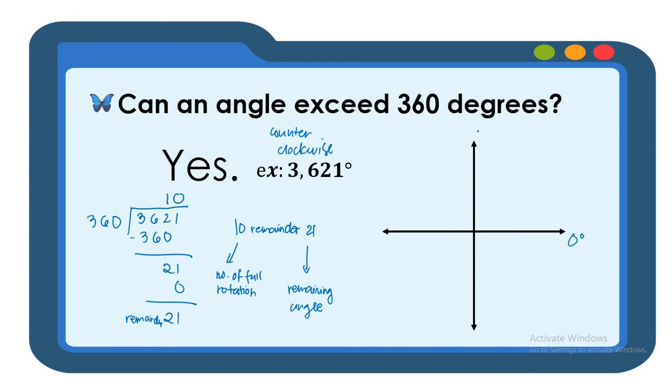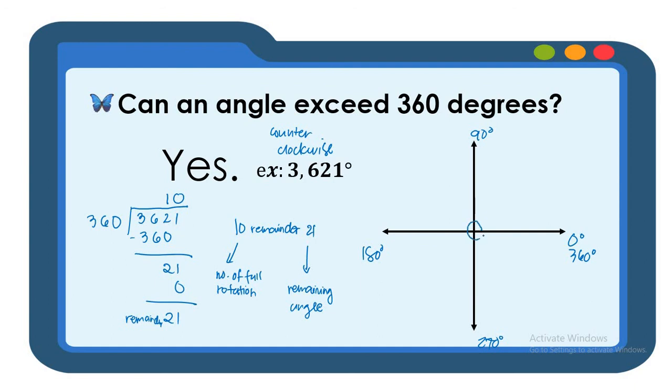This is 0 degrees, 90, 180, 270, and back to 360 degrees. Take note that we are going to have 10 full rotations to plot 3,600 degrees, then graph again later on 21 degrees, which is the remaining angle. So it's a counterclockwise movement. Let's rotate 10 times.